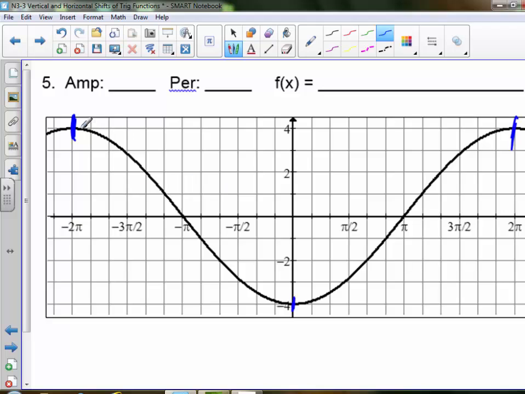So that's a distance of 4 pi. So my period is 4 pi. Okay, the amplitude. If I count from the top of this wave down to the x-axis, that is a distance of 4. If I go from the bottom of this one up to the x-axis, that is also 4.